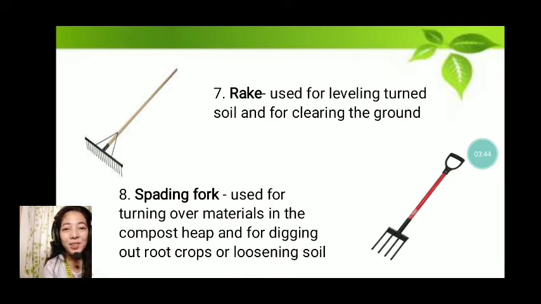You can use it to turn over your materials in the compost heap, your garbage. And then for digging out root crops. So this will help you to dig the root crops and then for loosening the soil too.